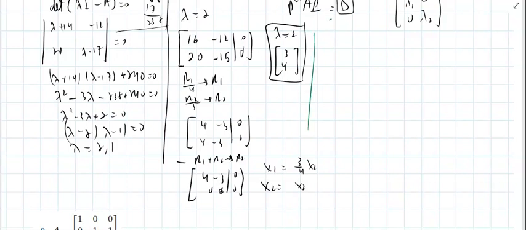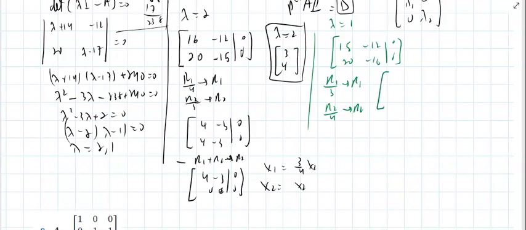Now I take lambda equal 1, and I do the same thing. 15, negative 12, 20, negative 16, 0, 0. Here, take row 1 divided by 3, put it back in row 1. Take row 2 divided by 4, put it back in row 2. And what would happen? You'll get 5, negative 4, 0, and a 5, negative 4, 0, and obviously take negative row 1 plus row 2 in row 2.